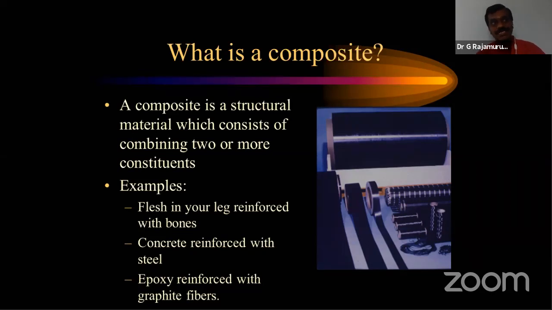But what is the example for an alloy? For example, if you take brass, brass is an alloy. I can't say it is a composite. Why? Because it's a combination of copper and zinc. It's called brass. When you see the microstructure of a brass material, you couldn't find where is the copper and where is the zinc.